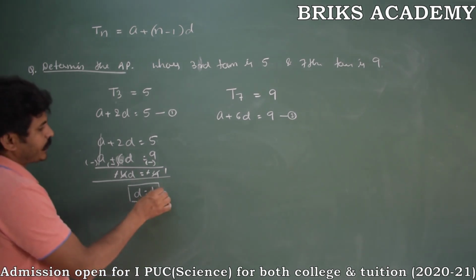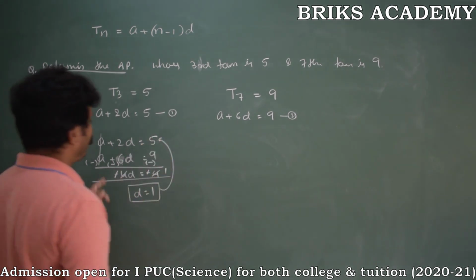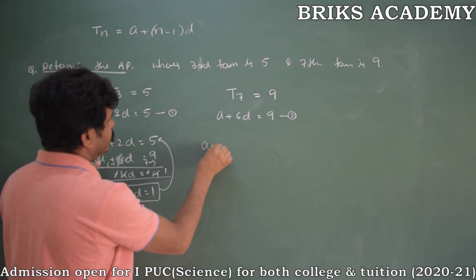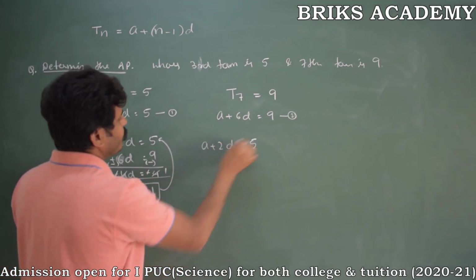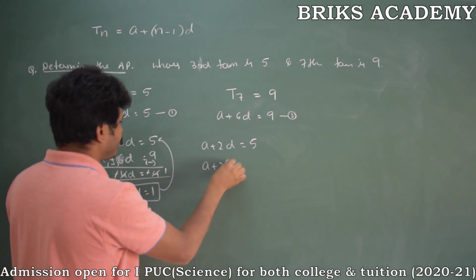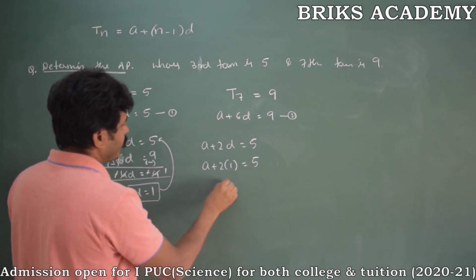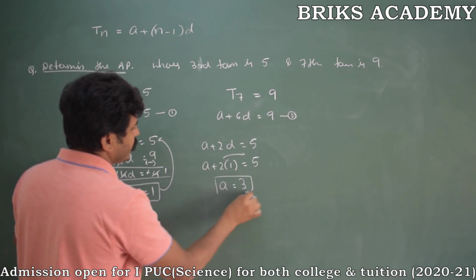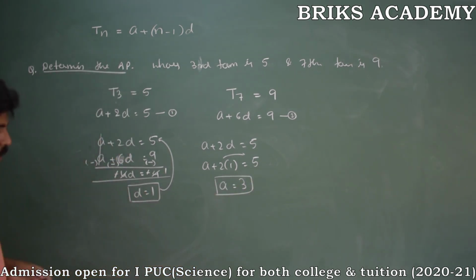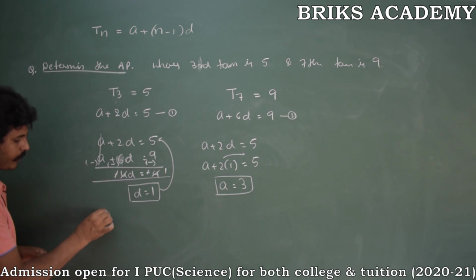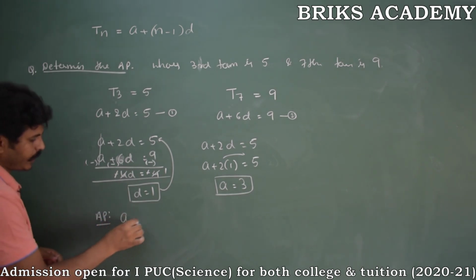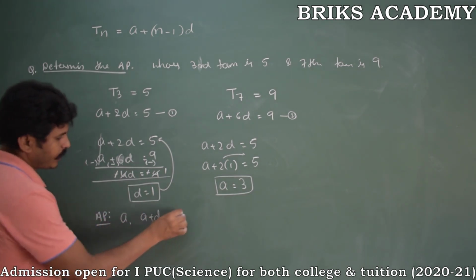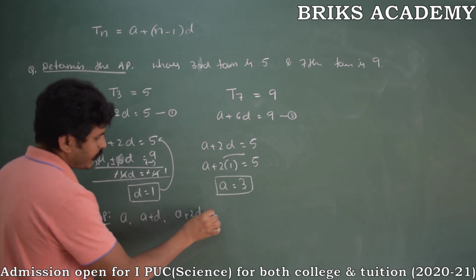If I substitute this in any one of these equations, I will get the value. a plus 2d equal to 5. a plus 2 into d, which is 1, equal to 5. a equals, taking 2 to this side, 5 minus 2 is 3. a is 3. Now what is your AP? a plus d, a plus 2d and so on.